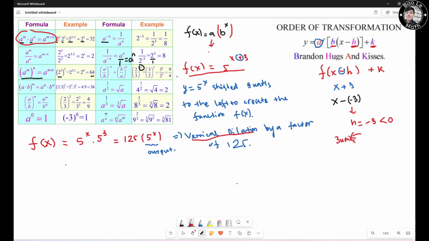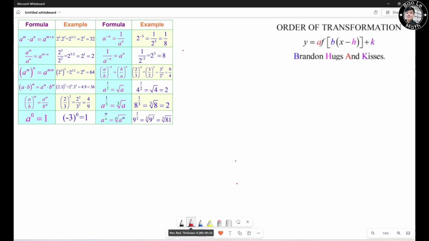Now, let's take a look at the next example. f of x equals 2 to the power of x minus 4. Alright, so we're going to use the formula right here.